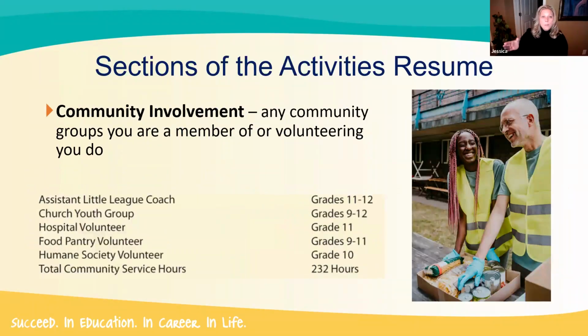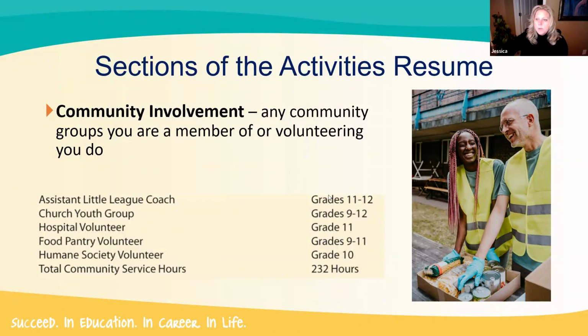Third, we have community involvement, or even volunteering, maybe you're working towards your silver cord. Notice again, we're going to follow that same approach. We list all the things that we're involved in: hospital volunteer, food pantry volunteer, church youth group. If you facilitated or created that group, you want to put that right here. And then again, the corresponding grades.